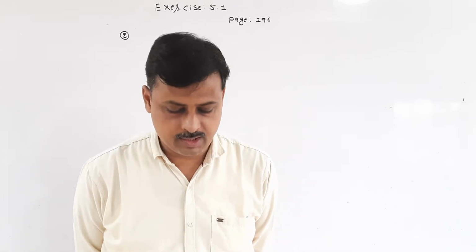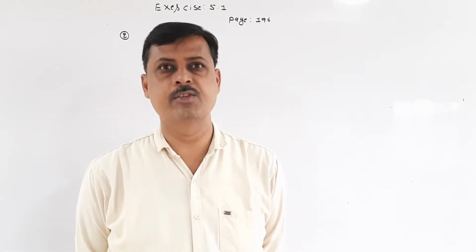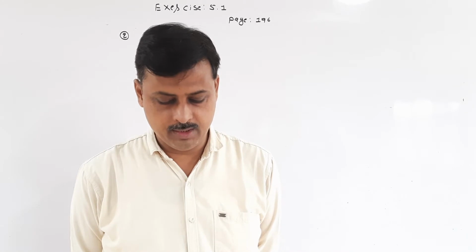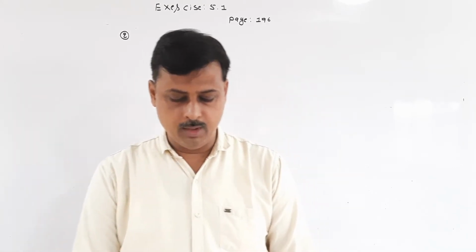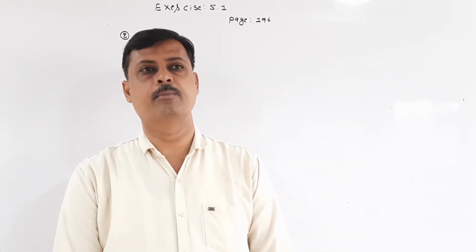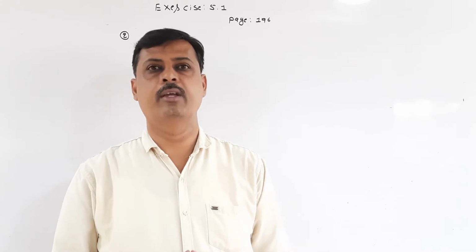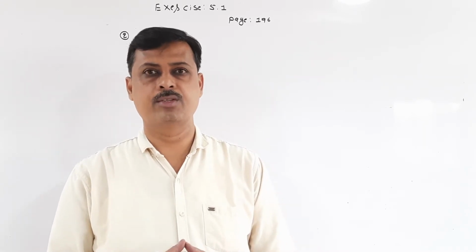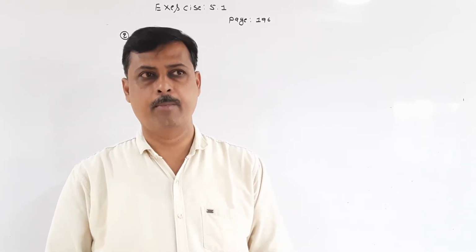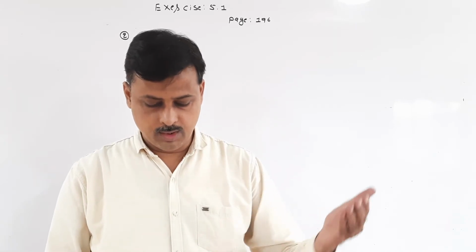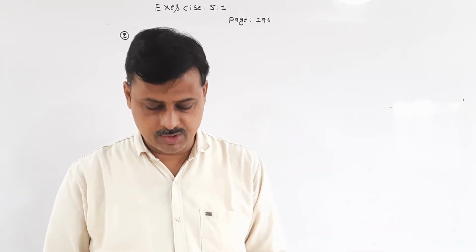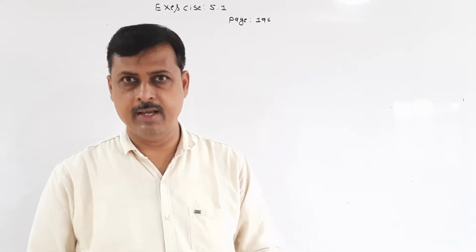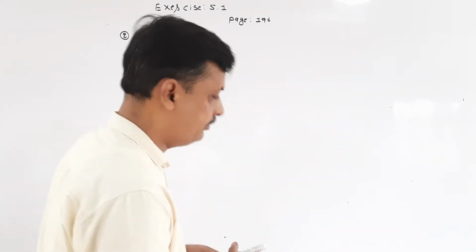Now in this example, shoulder length of shirt is given and number of customers is given. We have to find Karl Pearson's coefficient of skewness. So look, shoulder length is given, so we take it as X.